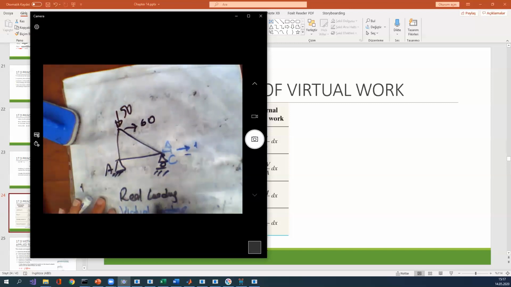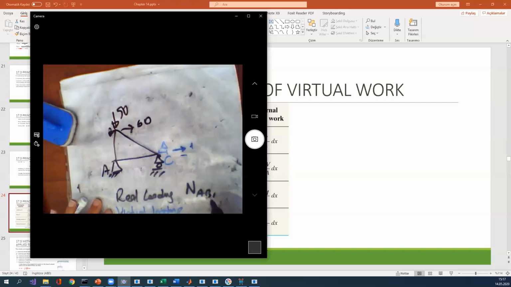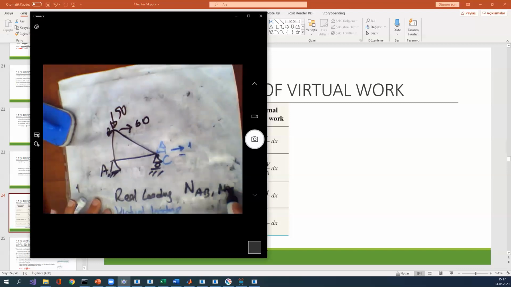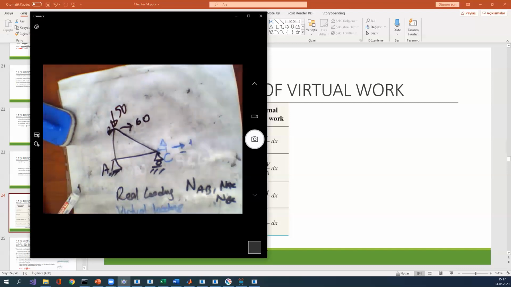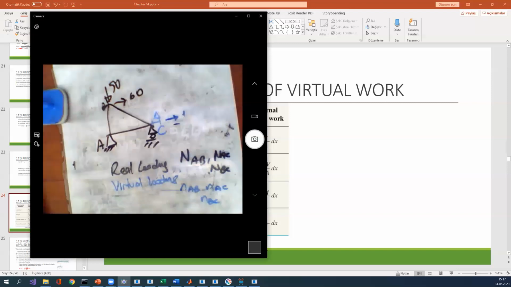For real loading, we can calculate N_AB, N_AC, and N_BC. In virtual loading, we also calculate small n_AB, n_AC, and n_BC. So we compute these six values and apply them to our formulation here. We obtain the real force.